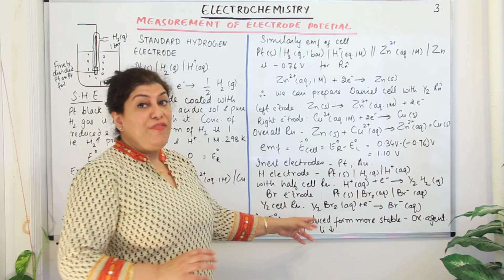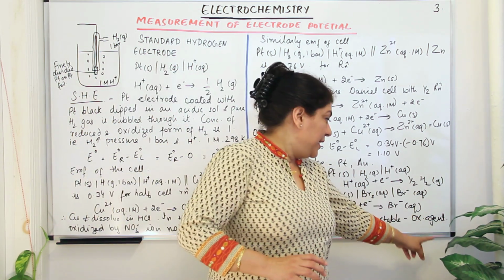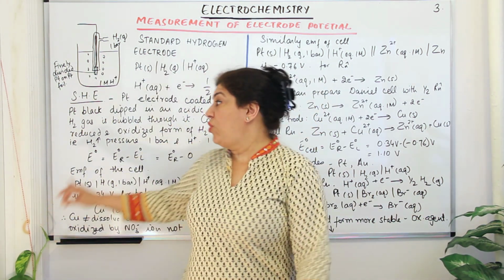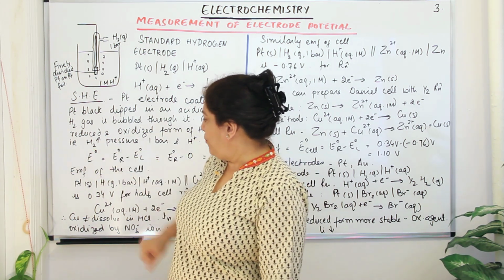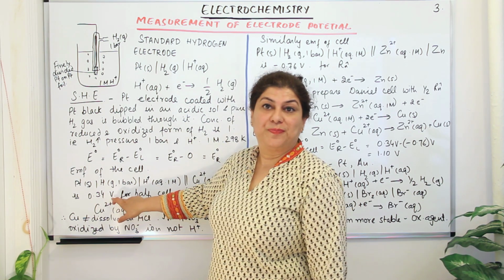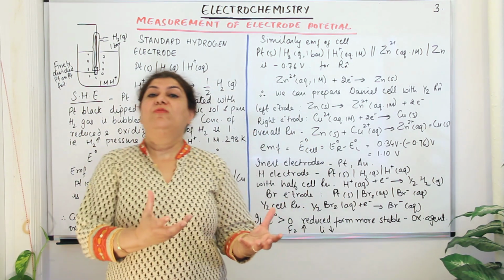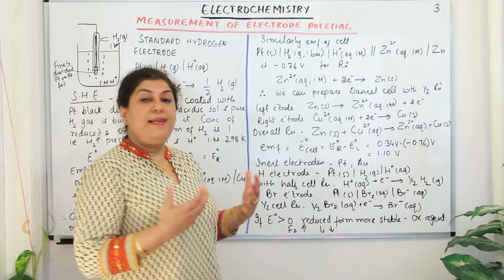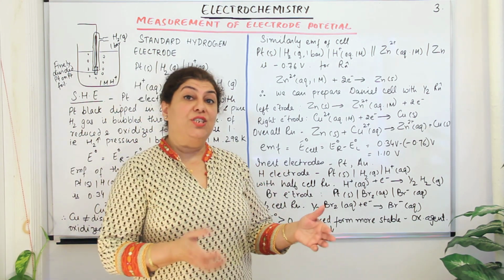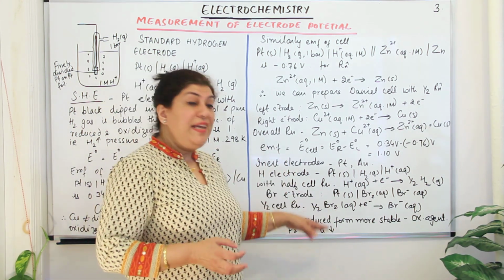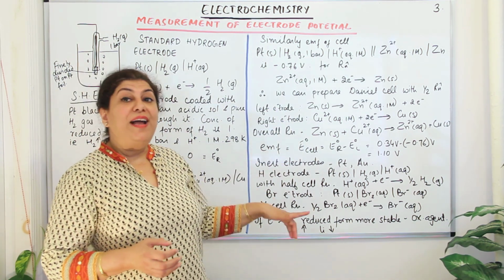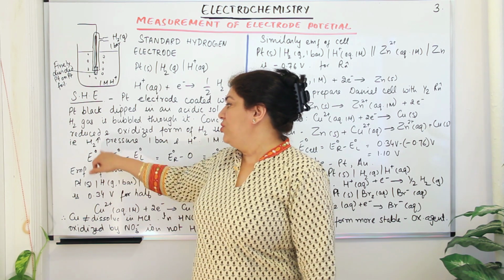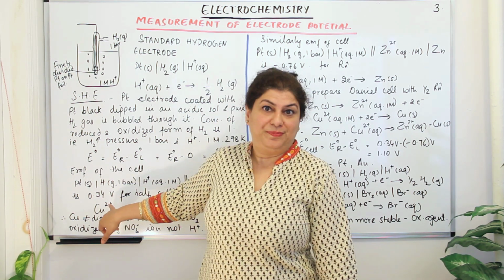And therefore, this substance would act as an oxidizing agent, as was the case of copper. In copper, the value was positive 0.34 volts. And therefore, its reduced form was more stable and it had a tendency to act as an oxidizing agent in comparison to any other member in that series which has a value that is lower than 0.34 volts.